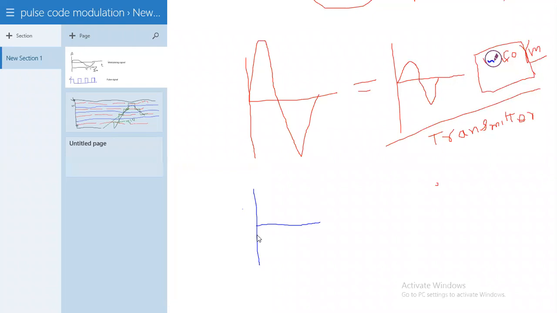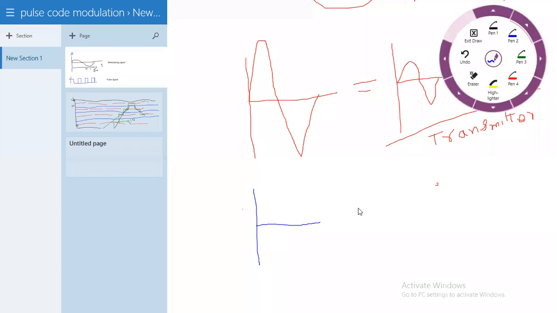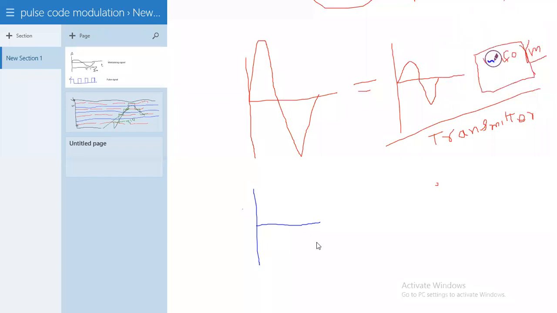At the receiver section, we have to do the opposite process. Here the signal is quantized by using uniform quantization. We can receive the signal. Again here the quantizer is there. Then here you will get the small signal after quantization.